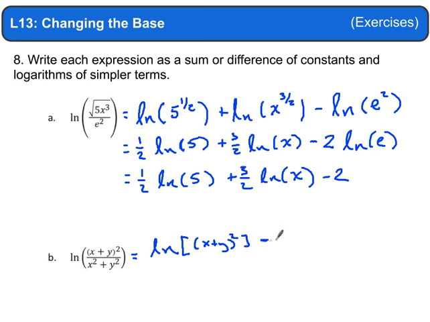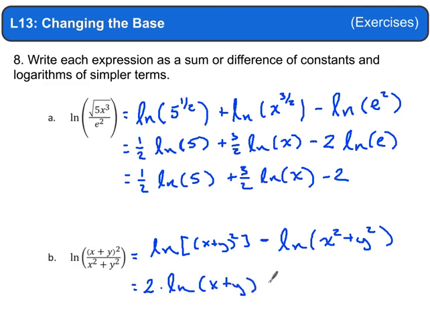And we put a minus sign because there's division, and then we do the natural log of x squared plus y squared. We're going to take this 2 and move it out front, so 2 times the natural log of x plus y, and then minus, because these are both squares with a plus sign, there's nothing I can do there, and so it just stays exactly as that.